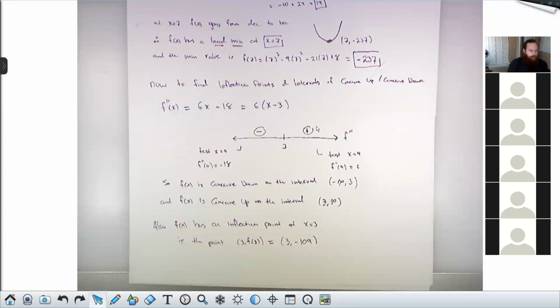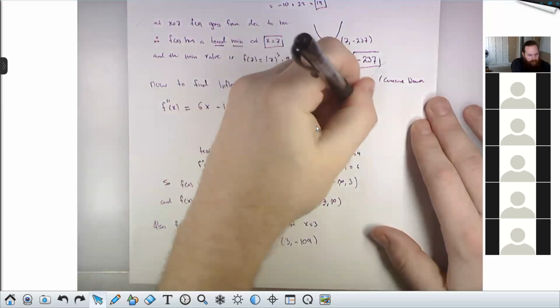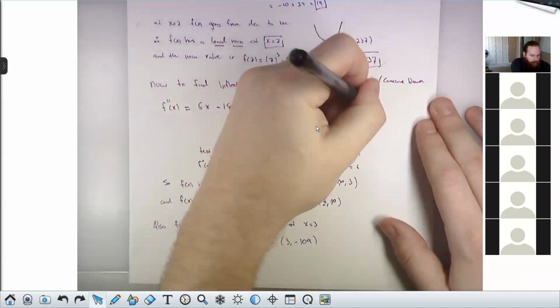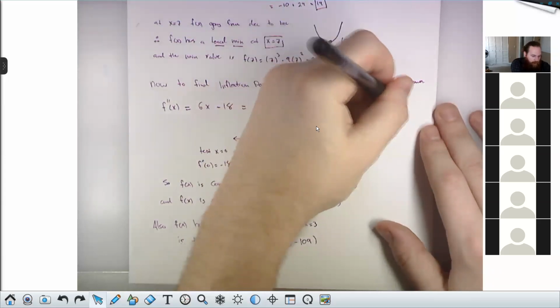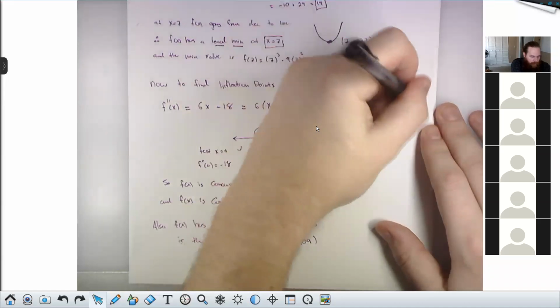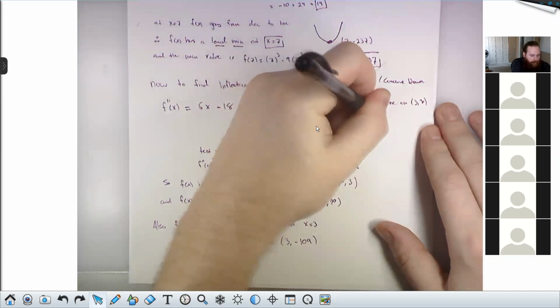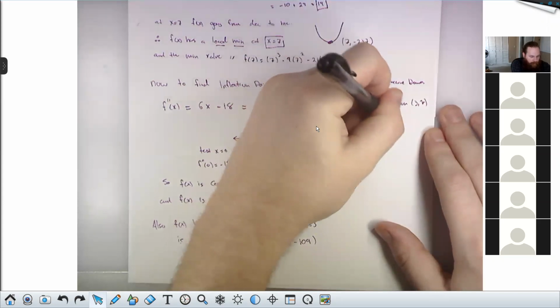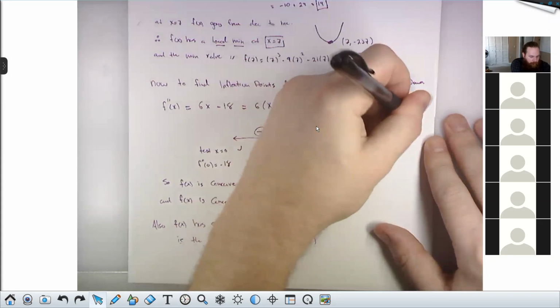So over here in the interval 3 to infinity, this means f prime is increasing on 3 to infinity, which implies f is concave up.